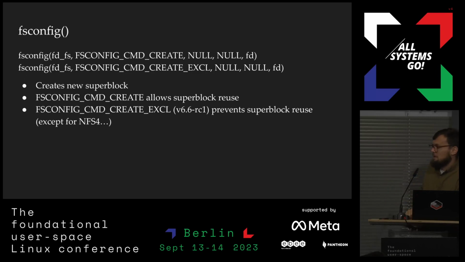Fsconfig command create has the exact same behavior as the old mount API had. So let's say I have created an ext4 file system on my /dev/sda device, and I have used the old legacy mount system call and mounted it at /mount.